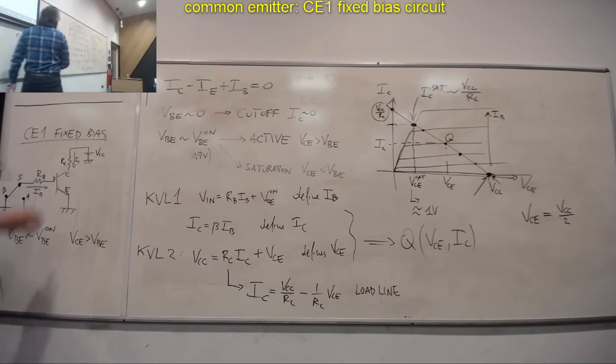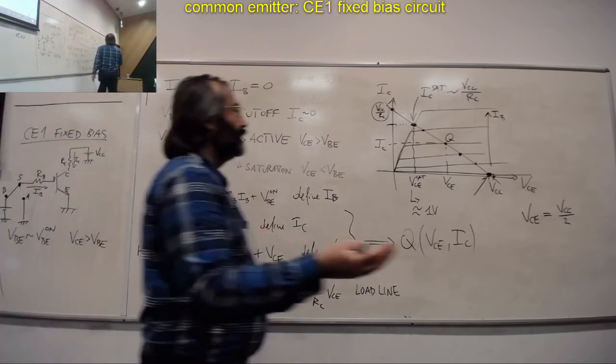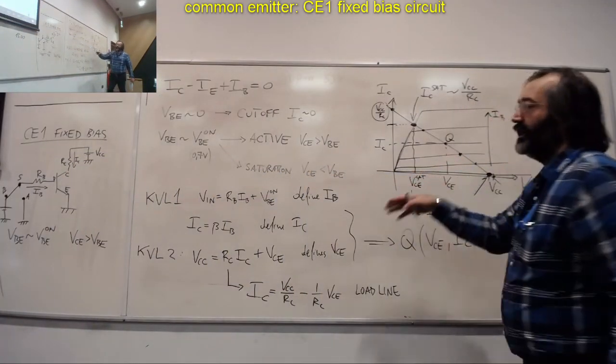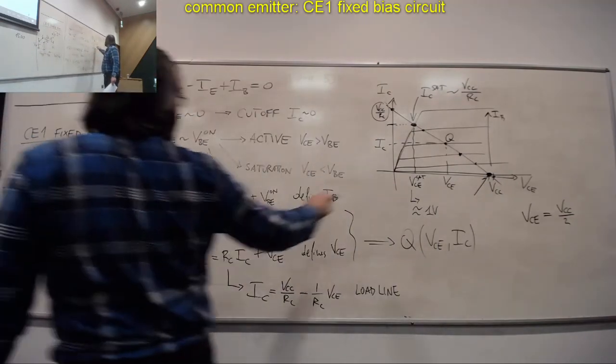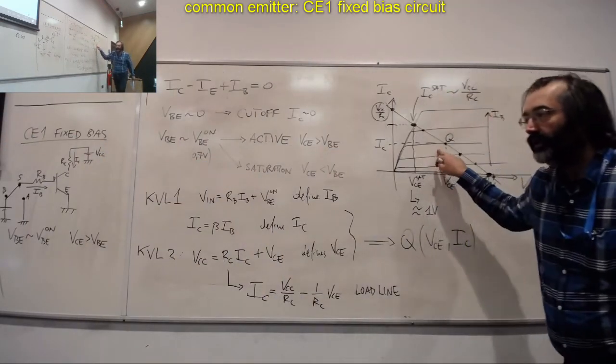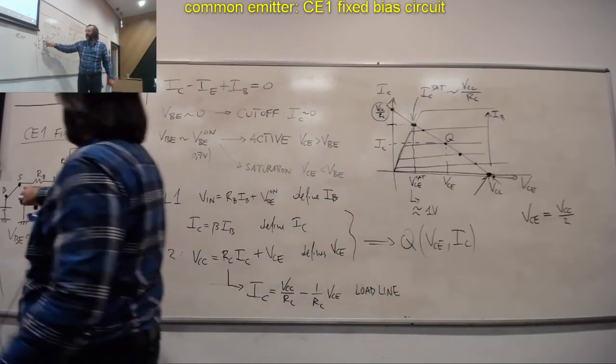Say you've defined the circuit to operate when we were using Vin. The circuit is at this point. But you have also a switch now.